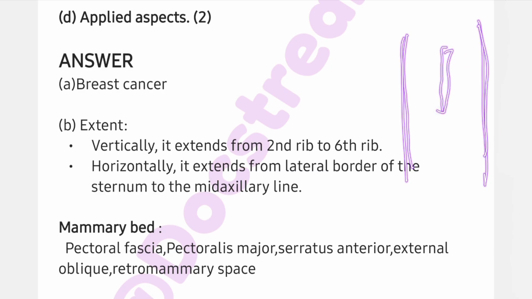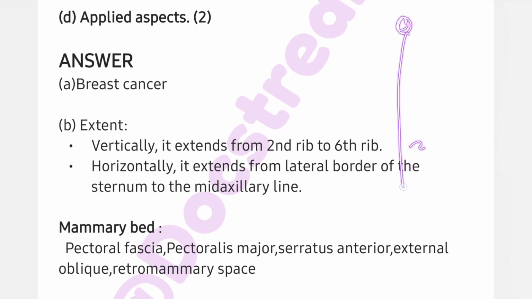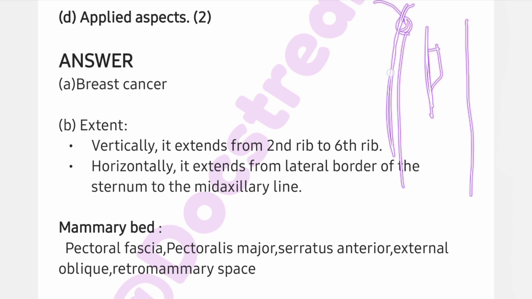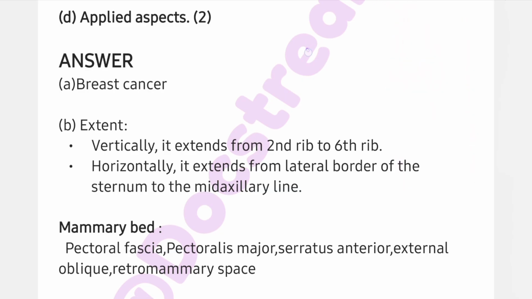Here you have the sternum, and this is the axilla. This is the sternum, and this is the mid axillary line, and the lateral border of the sternum. So the vertical extent is from the second to the sixth rib, and the horizontal extent is from the lateral border of the sternum to the mid axillary line.